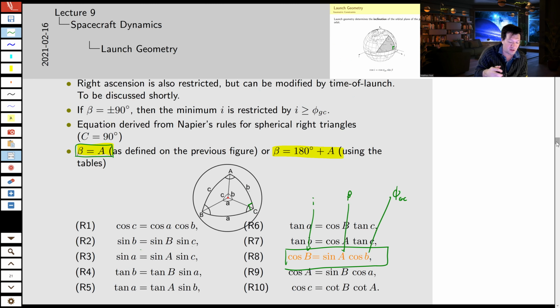Our spherical trigonometry changes somewhat depending on if we're launching, how our azimuth is defined, and whether this or this is our right angle. I've given it in the case where this is our right angle and azimuth is defined from due north, like that, or from due south, like that.